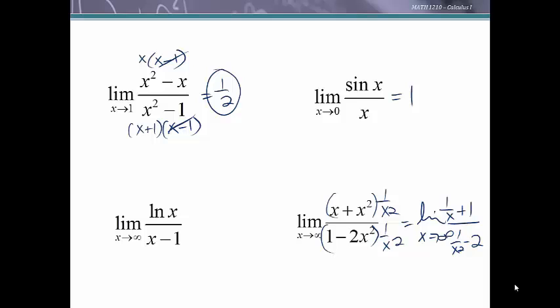Then as we let x go to infinity, this term would go to 0 and this term would go to 0, and so we would be left with negative 1/2. So we did have ways of getting at 3 of the 4. We still have this one. It turns out L'Hopital's rule would enable us to find all of these limits in the same way.